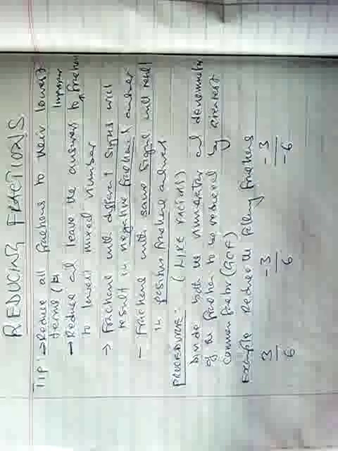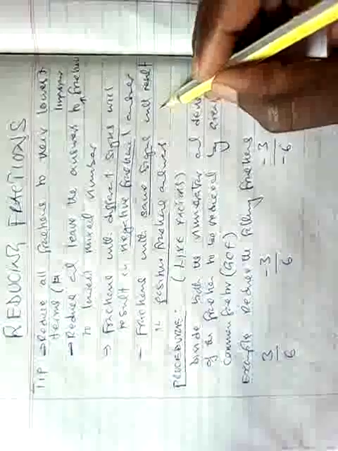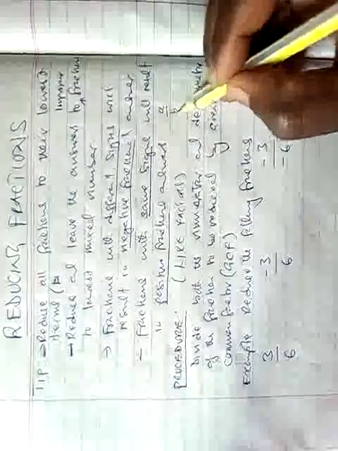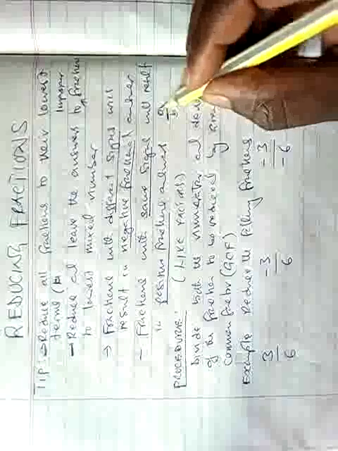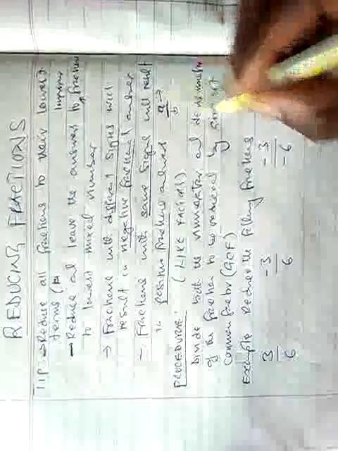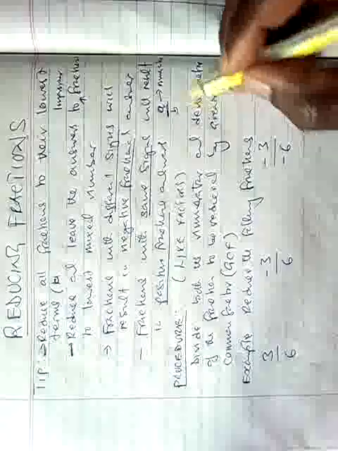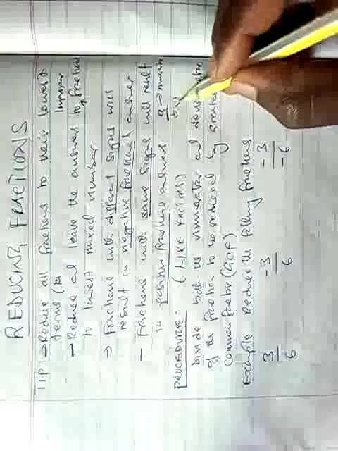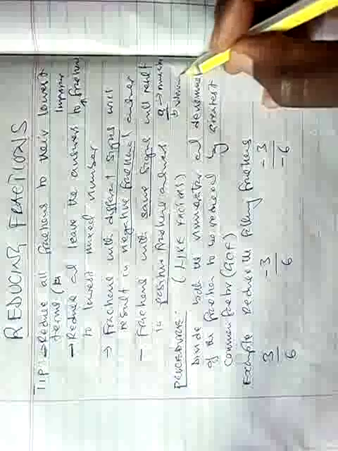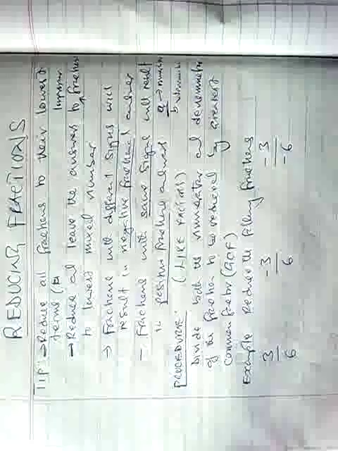So what is this numerator and what is this denominator? If we have A over B, the number on top here is the numerator. Then the number down here is called the denominator. Okay, so that's what it is.